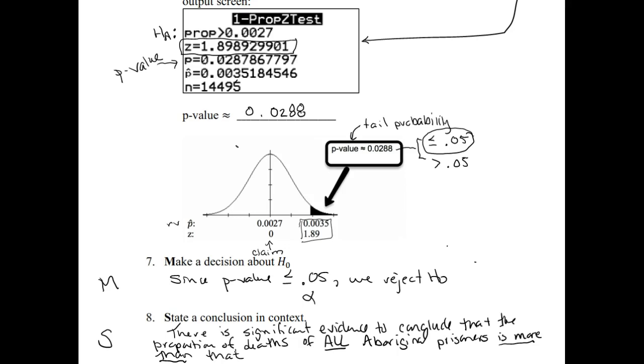Remember that was the number we were comparing against because that was what it was for the non-Aboriginal prisoners, so we put that context in here as well. So it is more than that for all non-Aboriginal prisoners.